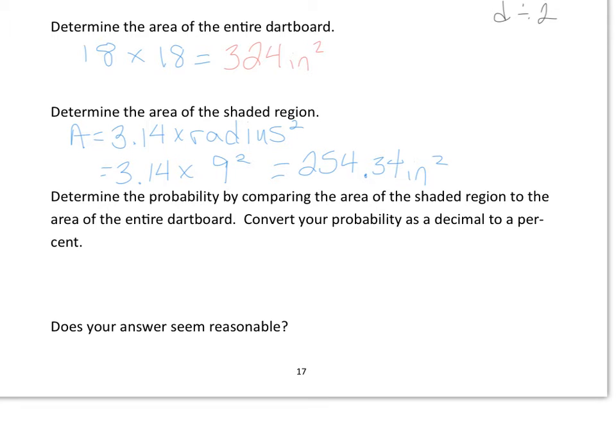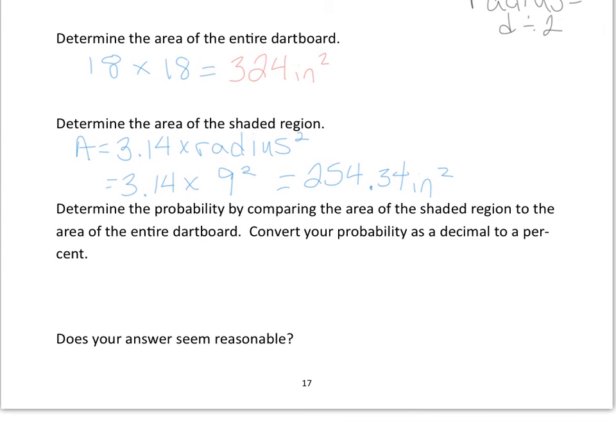Now we are asked to determine the probability by comparing the area of the shaded region, 254.34, compared to the total region of 324. And we end up with 0.785.